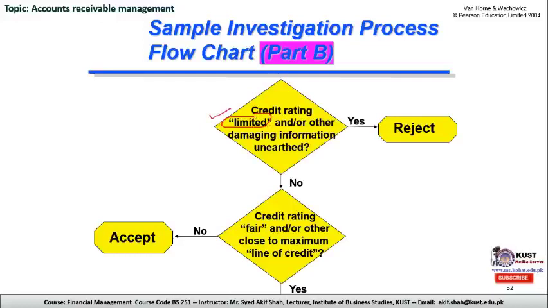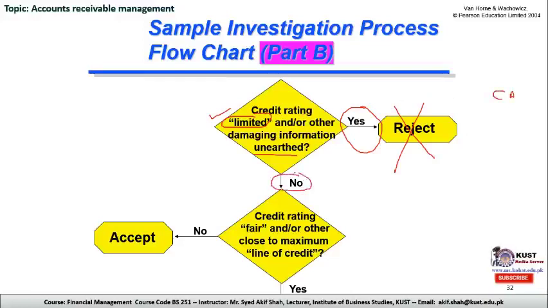If the credit rating gives a limited title to a particular credit applicant and other damaging information is unearthed, then our supplier's or company's decision will be to reject the application of the credit applicant. However, if there is no limited rating, and rather a fair or good rating is awarded by Dun and Bradstreet, then we move to the next step.